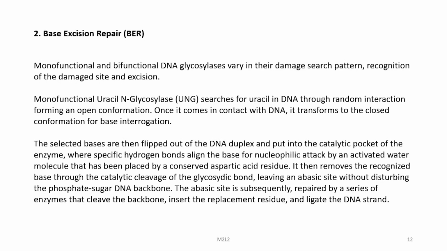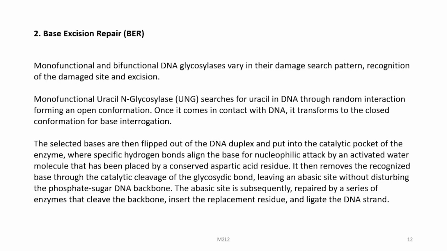Once it comes in contact with DNA, it transforms to the closed conformation for base interrogation. The selected bases are then flipped out of the DNA duplex and put into the catalytic pocket of the enzyme, where specific hydrogen bonds align the base for nucleophilic attack by an activated water molecule that has been placed by a conserved aspartic acid residue.